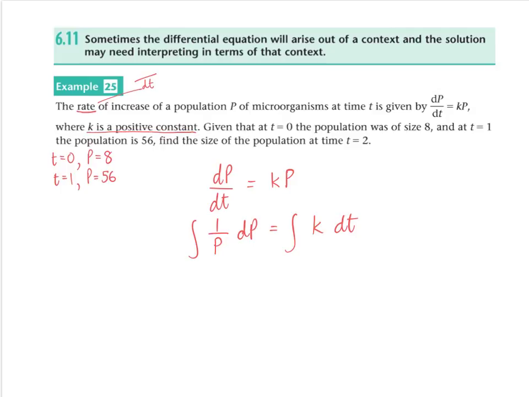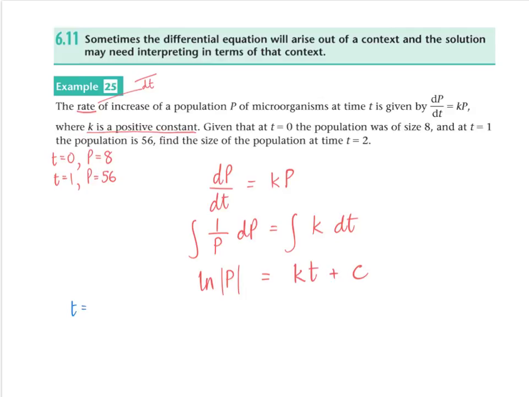If we integrate both sides, we get natural log of p is equal to kt plus a constant. Now if you notice, what we've actually got here is a constant with the differential equation, but we've got a constant of integration. So that's why we were given two boundary conditions, because that will allow us to find out k and c. So, two unknowns, two lots of boundary conditions, we can actually pop t equals 0 in.